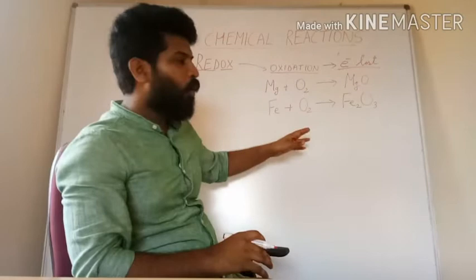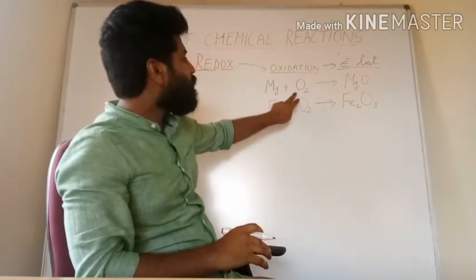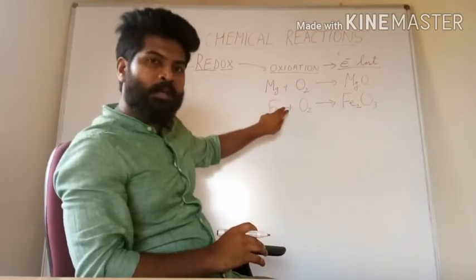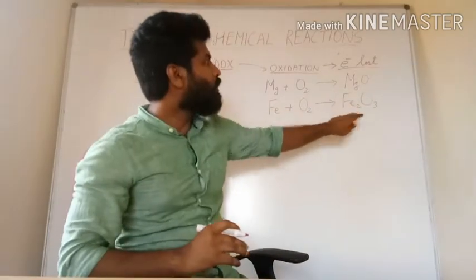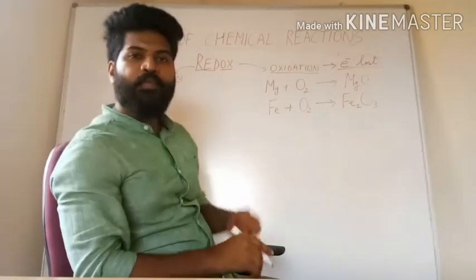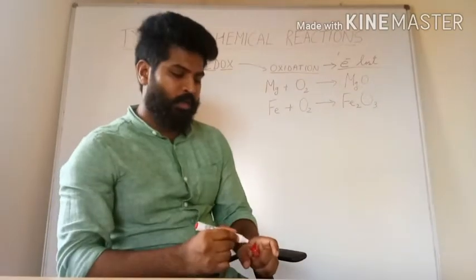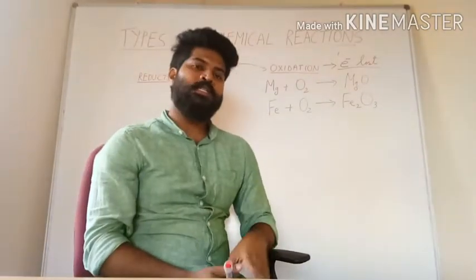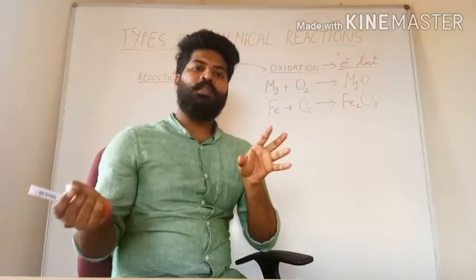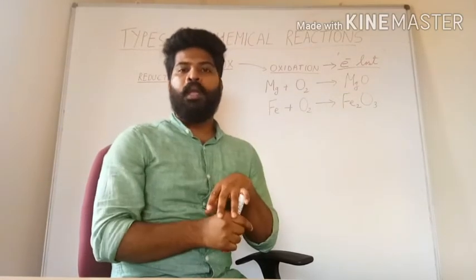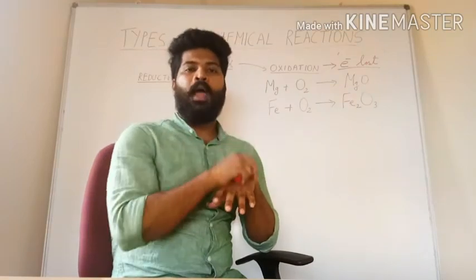In this reaction also, oxygen is being added to iron, meaning iron is getting oxidized. This is an example of an oxidation reaction. So, oxidation reactions are a type of chemical reaction where oxygen or any electronegative element is added.